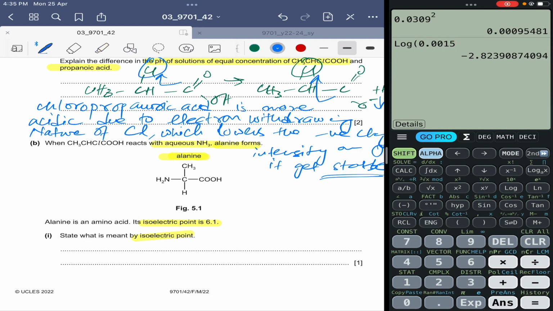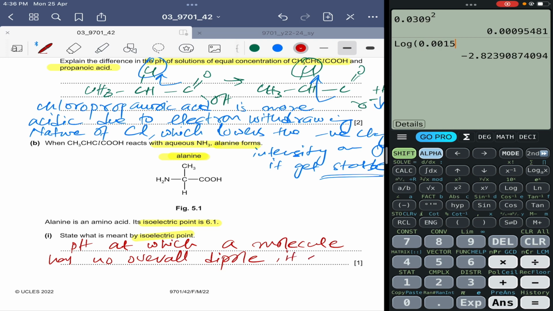So the isoelectric point is the pH at which a molecule has no overall dipole, right? It is neutral, or it exists in zwitterion formation. So this is known as the isoelectric point.